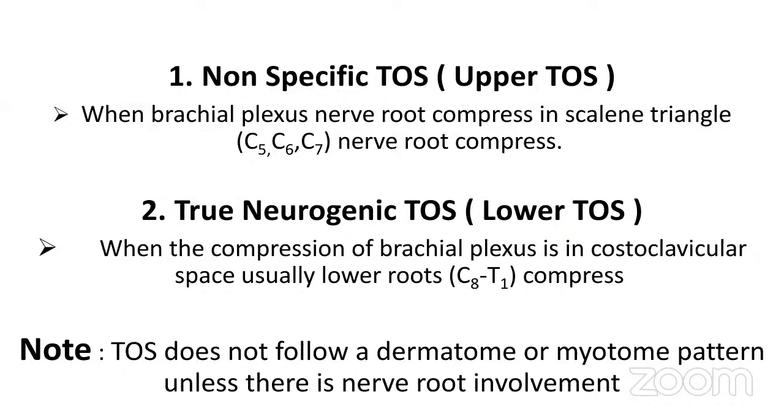Why lower TOS? Because the lower nerve roots C8 and T1 are compressed in the costoclavicular space. Remember this always: TOS does not follow the dermatome or myotome pattern unless there is nerve root involvement. It means if a nerve root is involved, then and only then will it follow the dermatomal and myotomal pattern. Otherwise, diffuse type of pain is seen.